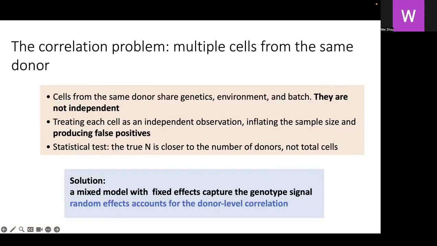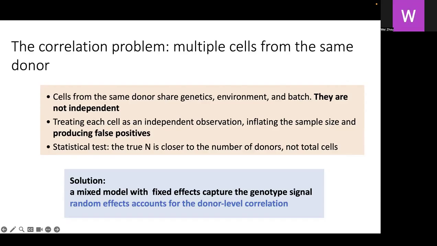Now, here's another structure problem we haven't addressed yet. In single cell data, each donor contributes hundreds or thousands of cells, and all of those cells share the same genome, maybe similar environment, and batch effects. They are correlated.